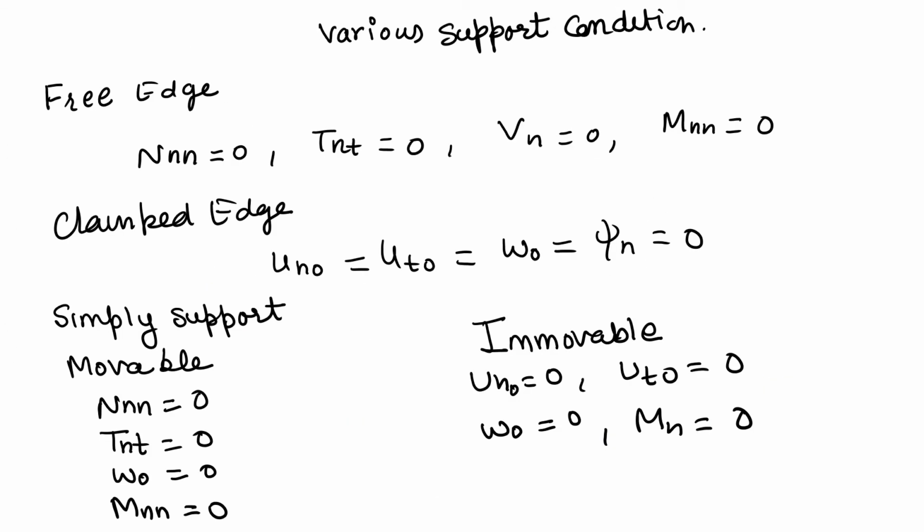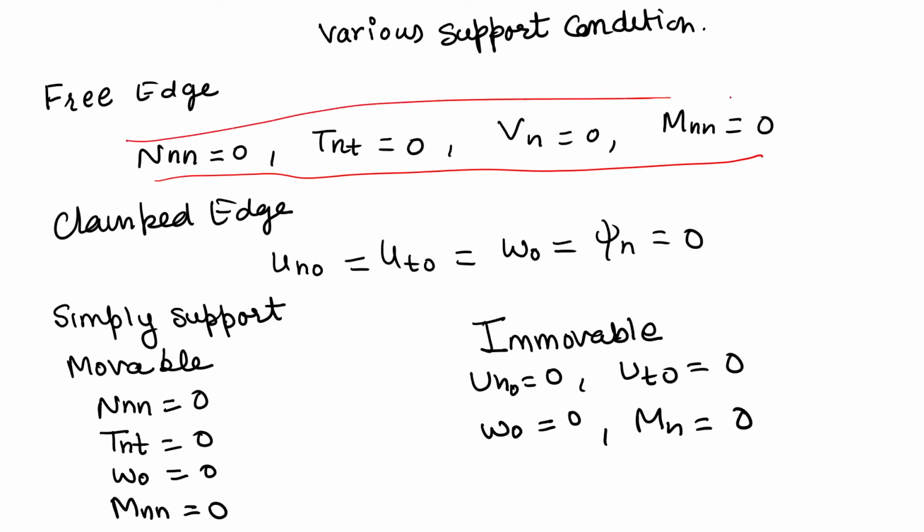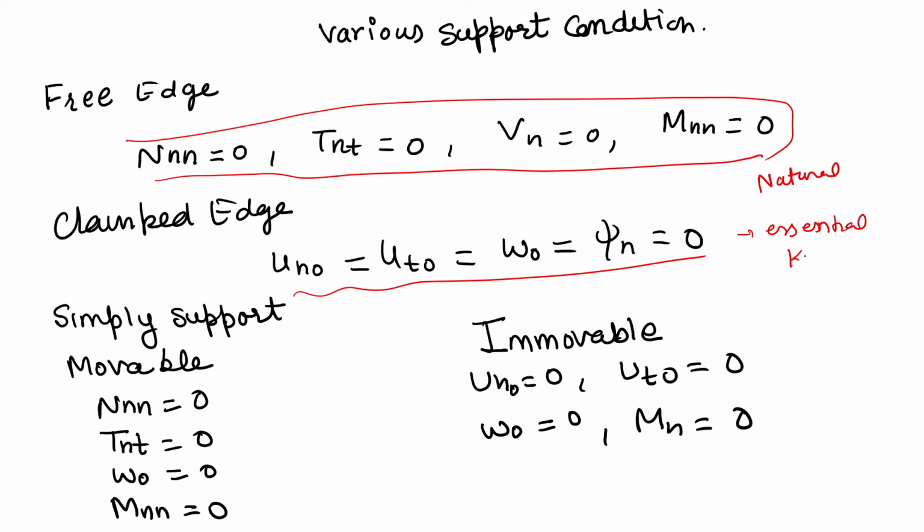Now, we have various support conditions. If we say an edge is free, then our natural variables, sometimes stress variables are also known as natural variables, and these variables are known as essential or kinematic variables.